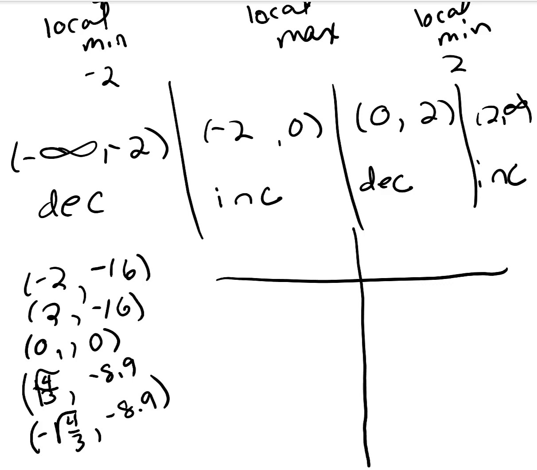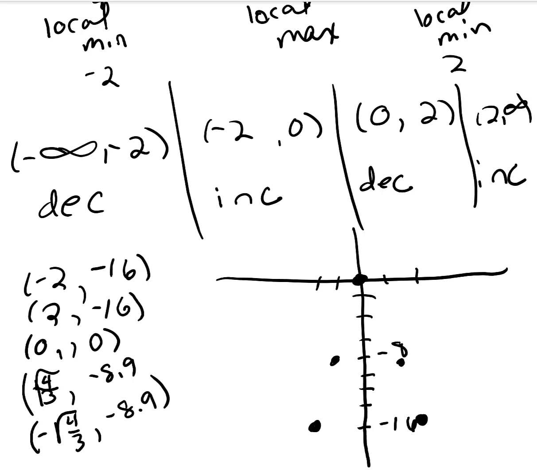I'm going to do these in twos, so 2, 4, 6, let's call that -8, 2, 4, 6, let's call this -16. Okay, so +2, -16, -2, -16, 0, 0. Square root of 4 over 3, a little bit bigger than 1, and then down under the -8. Same thing on the other side, we can see this symmetry.